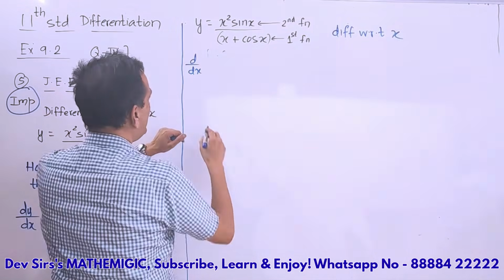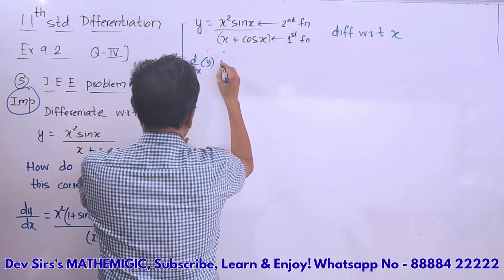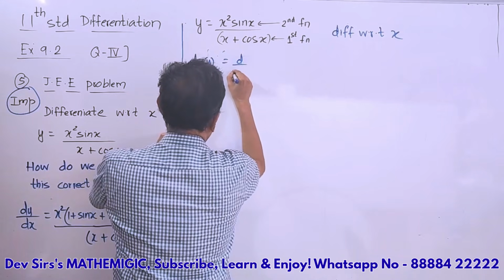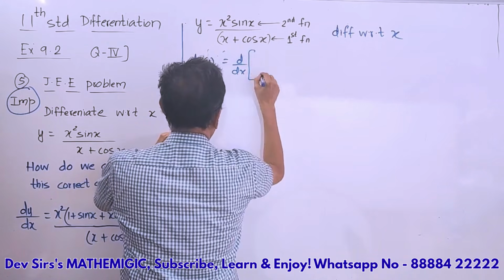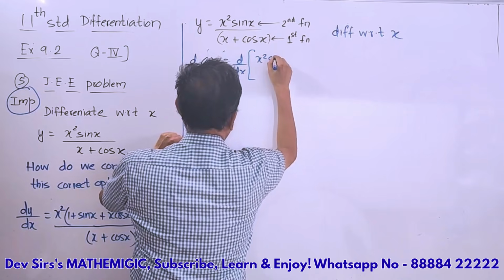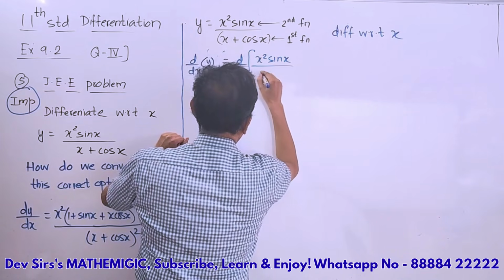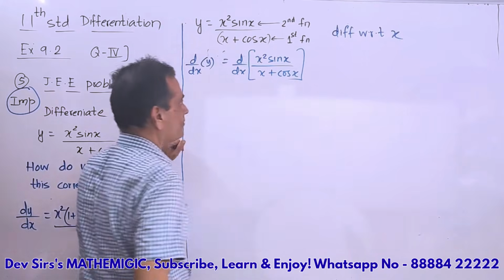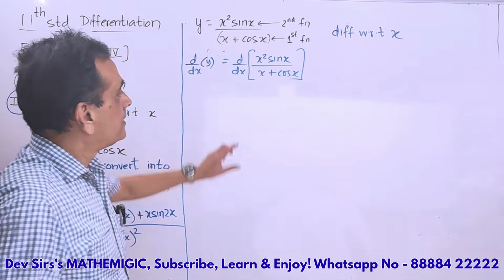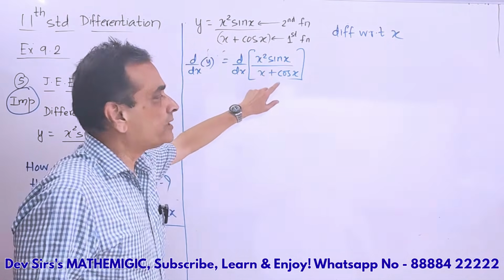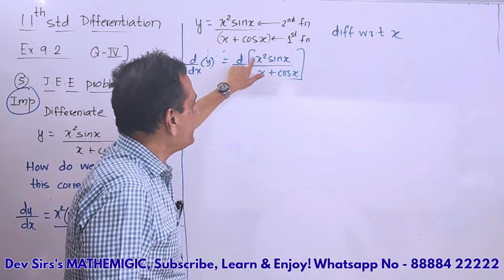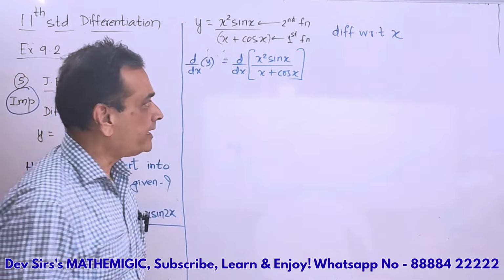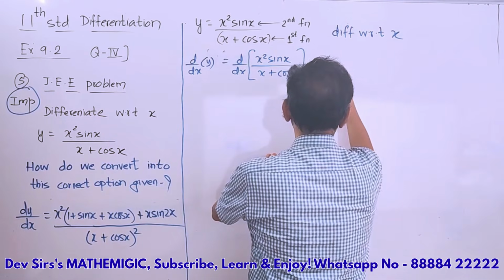d by dx of y, d by dx of RHS. Okay, so d by dx means derivative of numerator upon denominator. Okay, so now using quotient rule.